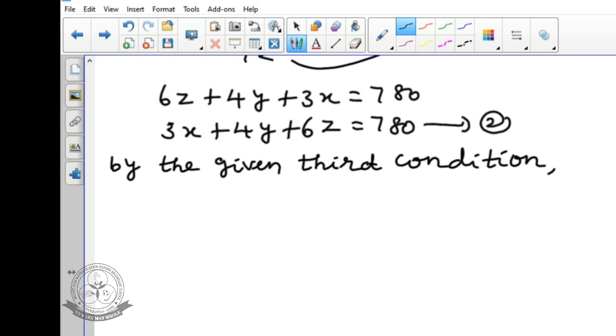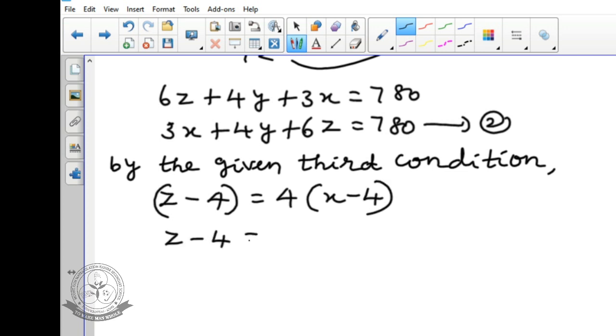Grandfather's age is Z, that was 4 times as old as Vani. So we can write like this: Z is grandfather, 4 years ago Z minus 4, that is equal to 4 times of X minus 4.